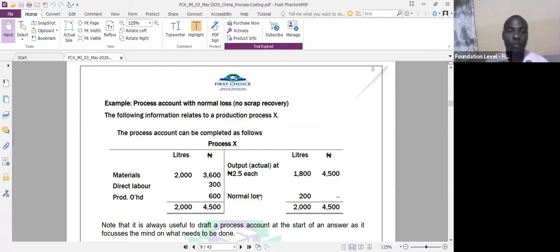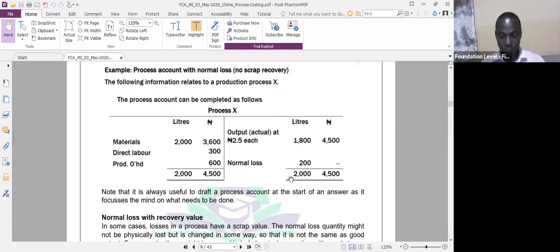It will still be given the 4,500 because our normal loss is 0. So it means it was not recovered. So the whole burden of the 4,500 now rests on the output. It's not shared between the output and the normal loss.